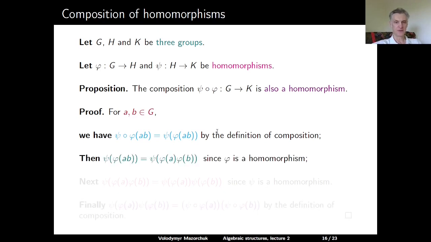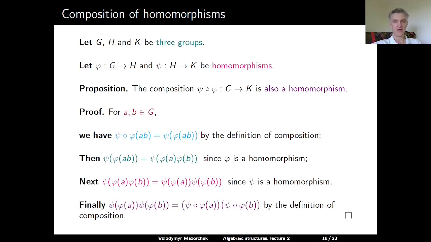Since phi is a homomorphism, we can rewrite it as psi applied to phi of A times phi of B. Now, since psi is a homomorphism, we can rewrite it as psi of phi of A times psi of phi of B. And now we can use the definition of the composition again to rewrite psi of phi of A as psi after phi applied to A, and psi of phi of B as psi after phi applied to B. And this completes the proof of the proposition.